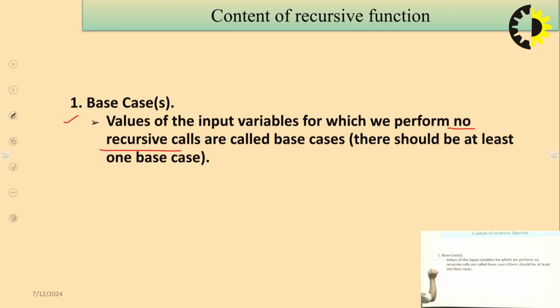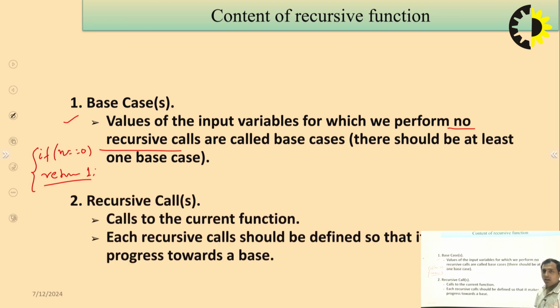Just we have seen here in the factorial case, if the value n equal to 0, then return what? Return simply 1. No recursive call here. This is called the base case. There must be at least one base case for every recursive function. This base case may be more than 1, 2, 3 and so on, we will see.